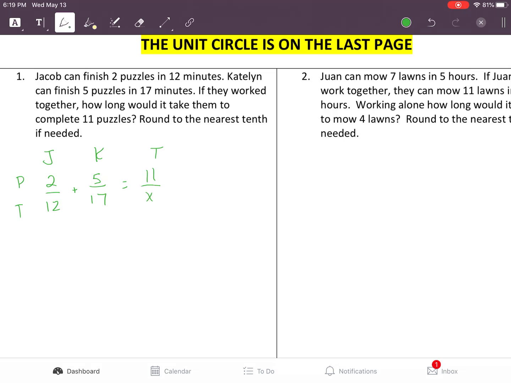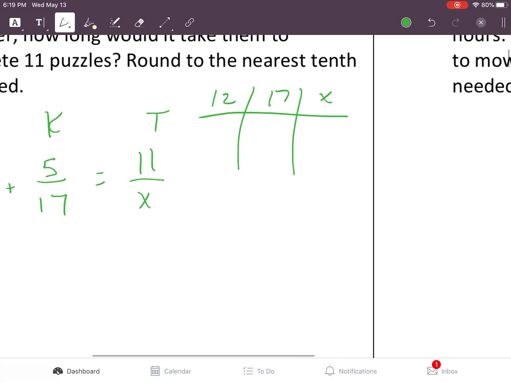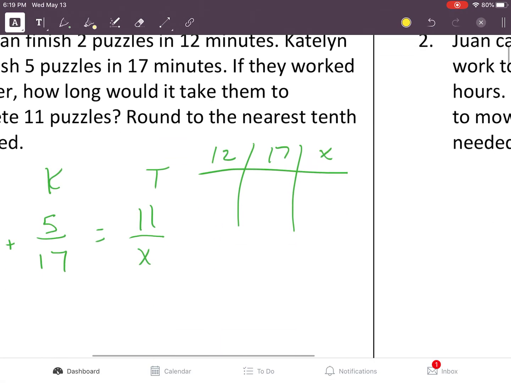Before we've done this, so we're going to do it again. We're going to use the denominators in a little chart. What is 12 missing that 17 and x have? They're missing 17 and x. What is 17 missing? It's missing 12 and x.